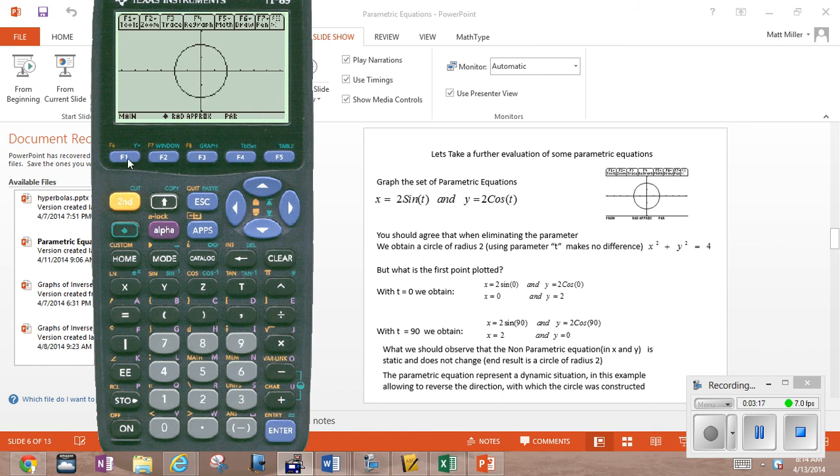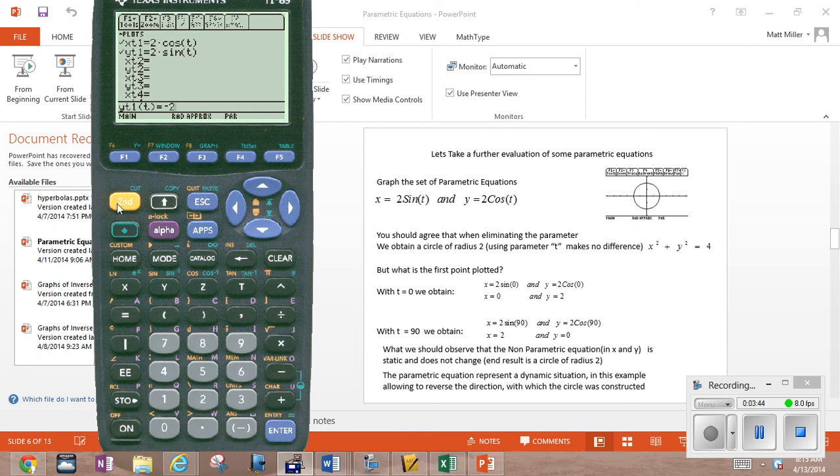Now if we altered this, and I'd invite you to go and explore it a little bit, let's say you put a -2 sine of t.